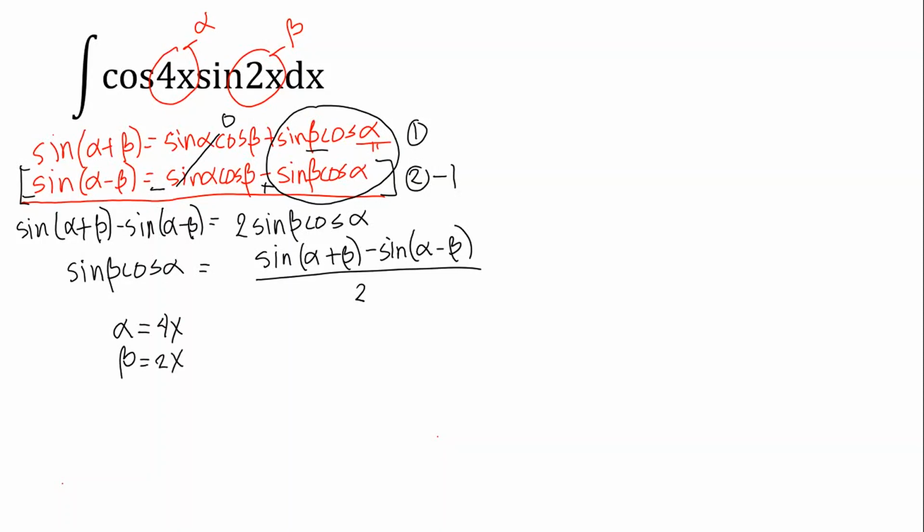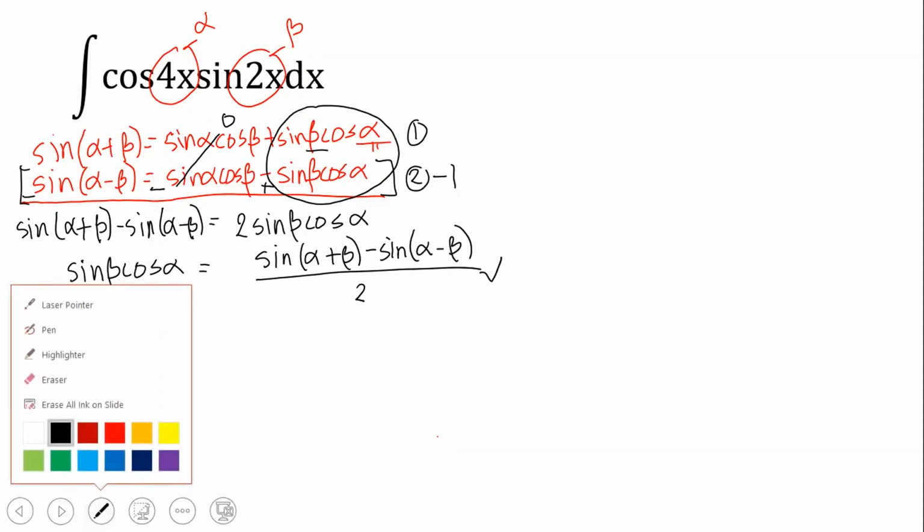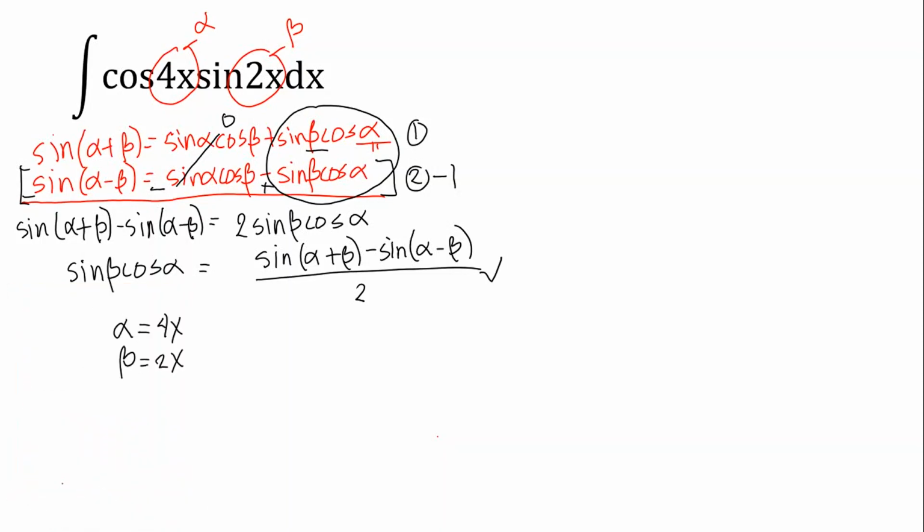So we can now use this newly derived trigonometric identity in transforming our original function, which is cosine 4x sine 2x.